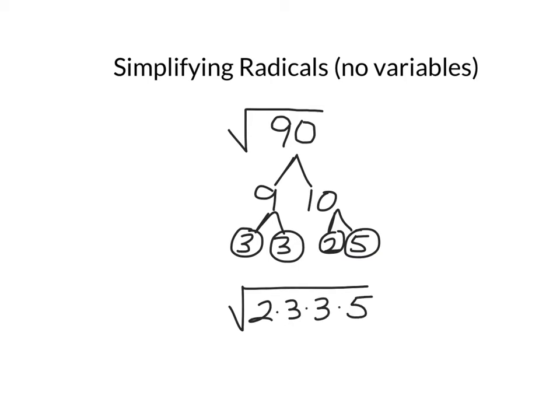And you notice I have a pair of numbers. The two 3s are going to cancel out and come out here as just one 3. And again, if you don't believe me, do 3 times 3. What is that? 9. What's the square root of 9? 3. There you go. And then on the inside, I'm going to leave the 2 and 5, but I'm going to multiply them, and I'll get a 10, and there you go.